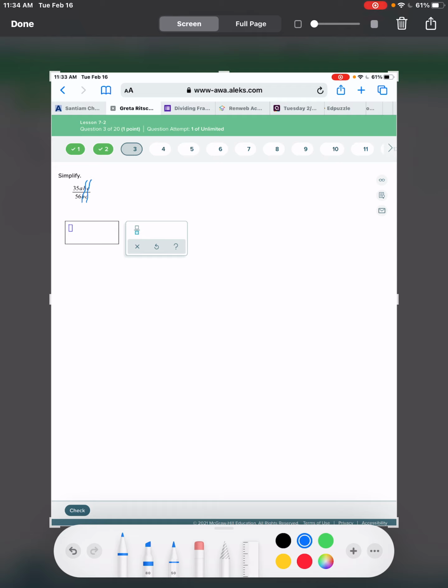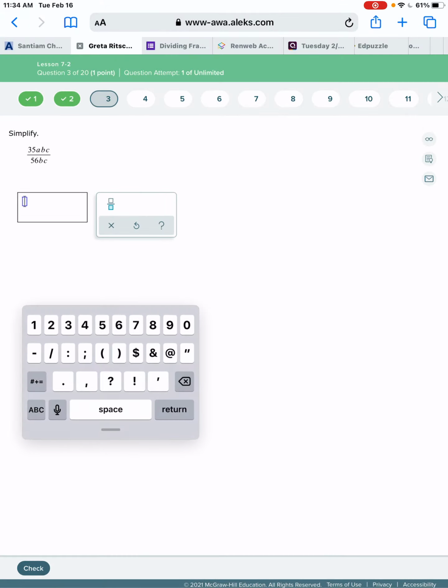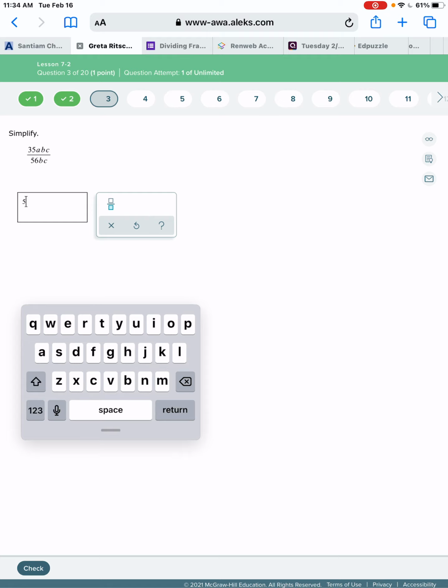I have 35A over 56. So I think there's a common 7. So 7 goes into 35 5 times. 7 goes into 56 8 times. So I think I have 5A over 8.